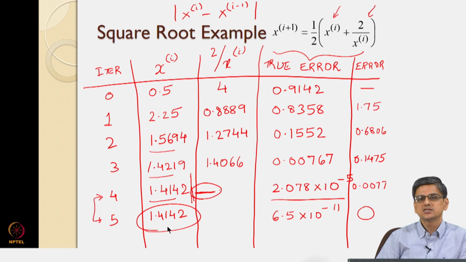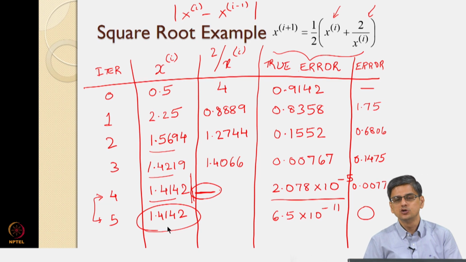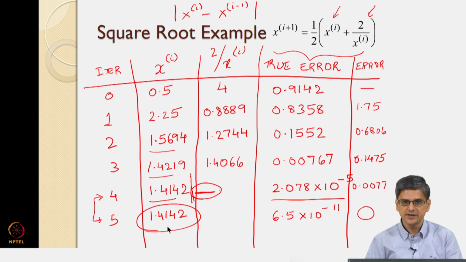Okay. So, this is the overall procedure for an iterative example, which is to find the square root of 2 using Heron's algorithm. I hope this particular example clearly shows you how to work with an iterative method, as well as gives you an idea of what the errors are and how we use them.